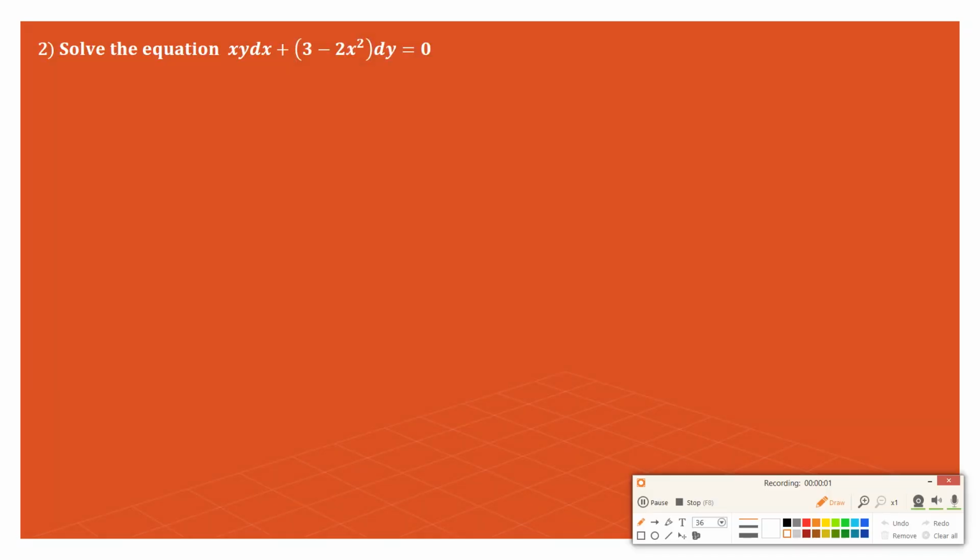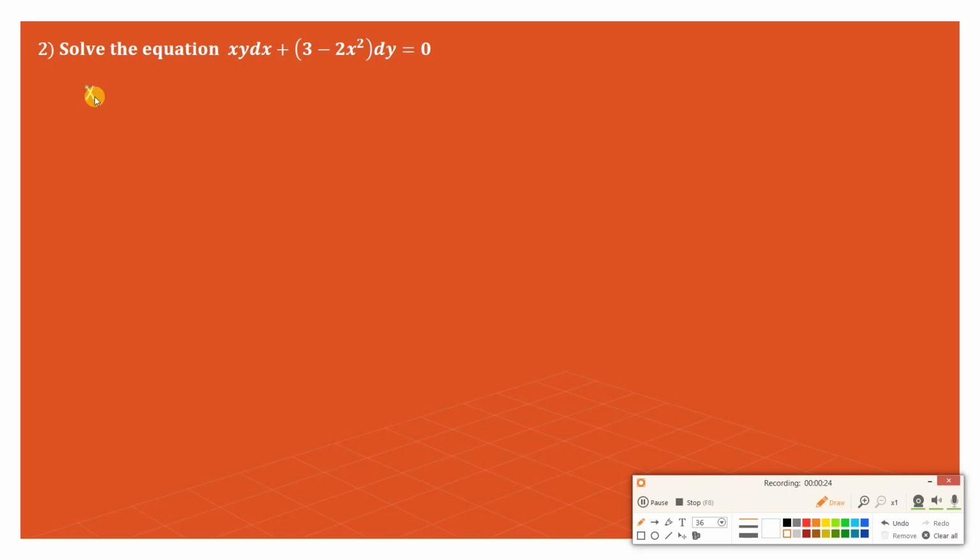Example number 2. Solving example number 2. Okay, solve the equation xy dx plus the quantity 3 minus 2x squared dy. So, naka-reveal na yung dx and dy. Yung gagawin na lang natin, we need to separate the variables.